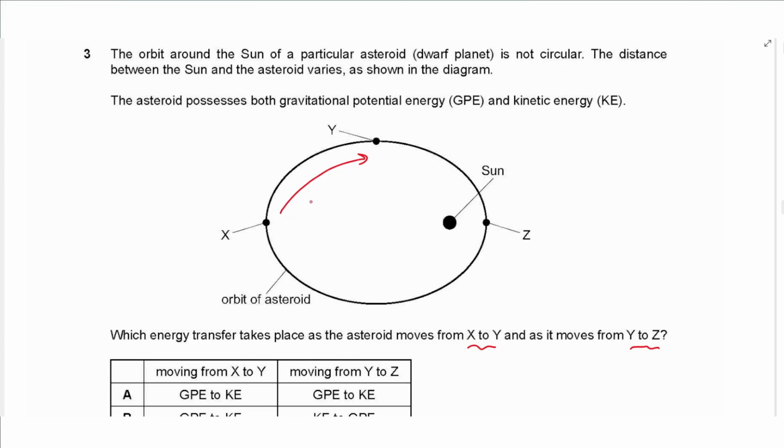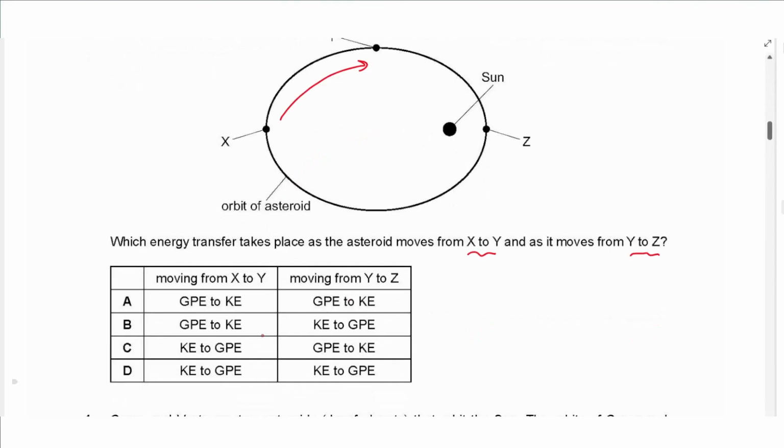As height from the sun decreases, GPE decreases and kinetic energy increases. So from GPE to kinetic energy. And from Y to Z, it's also losing height and getting closer to the sun, so it's also losing GPE and gaining kinetic energy. So the answer is A.